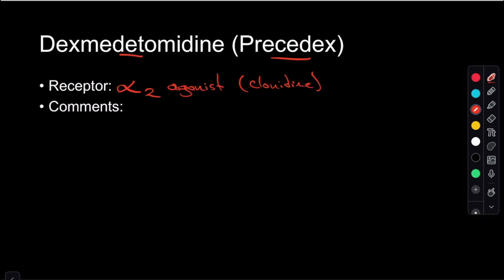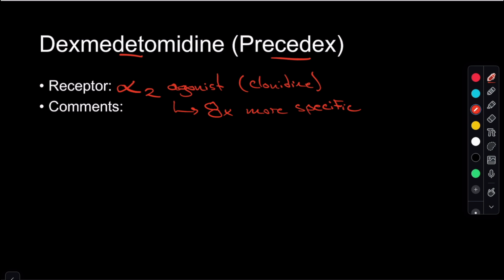The big difference that I found is Precedex is 8 times more specific for the alpha 2 receptor, whereas clonidine is less specific for that receptor.